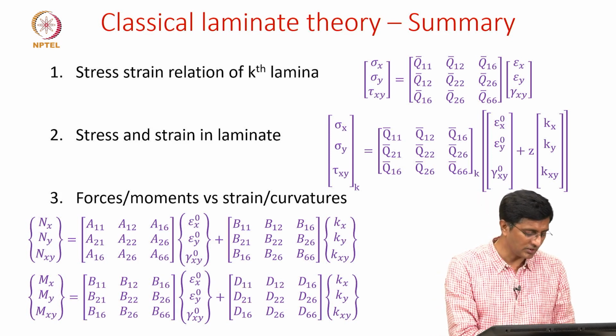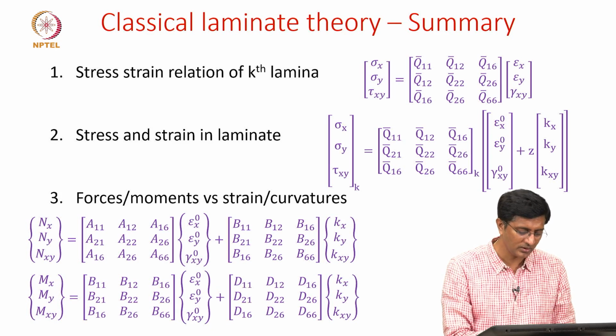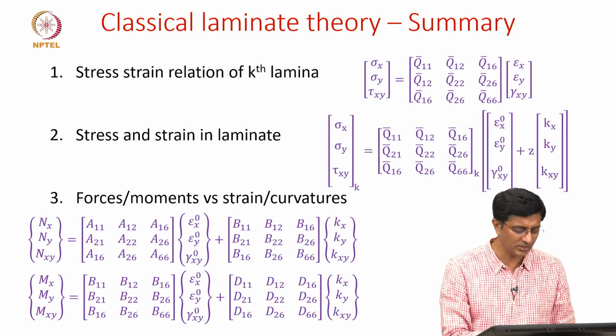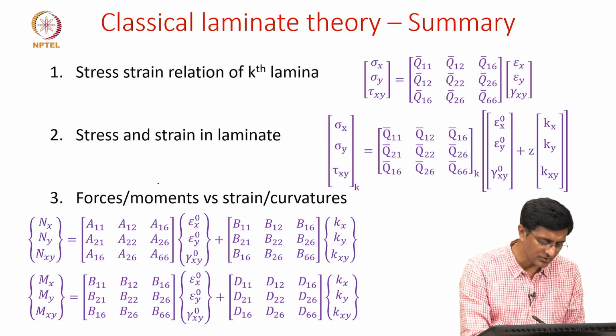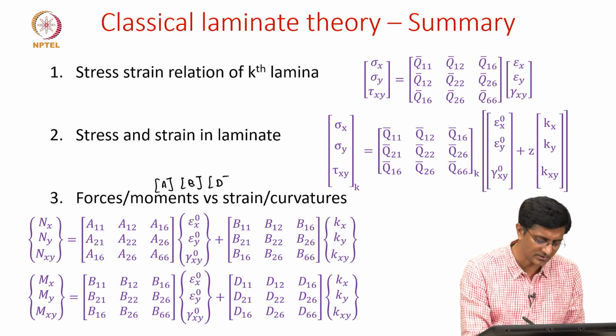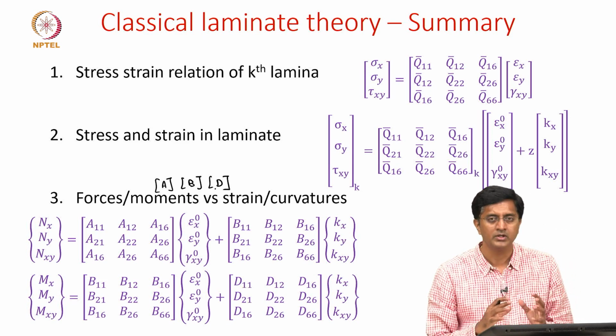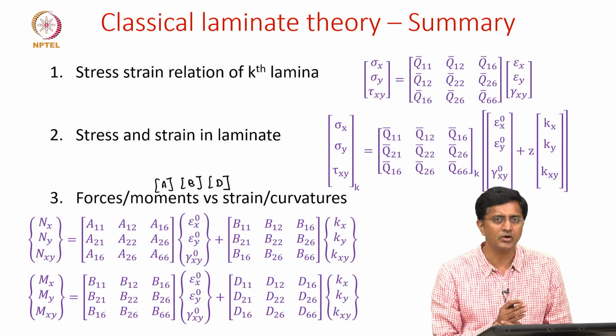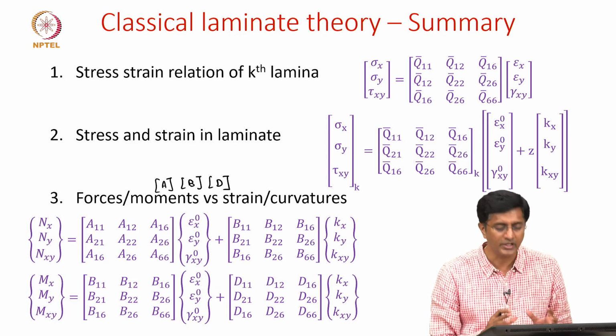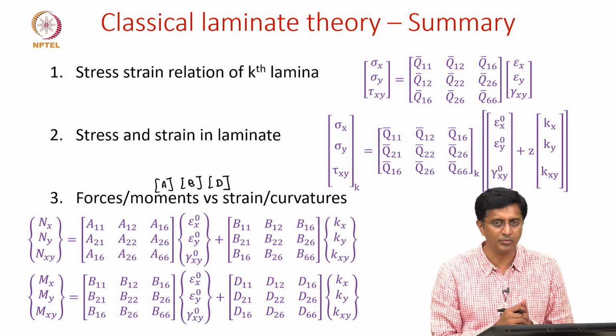And lastly, we showed the relation between the force and moment written in terms of the strain and curvature. For this, we showed it can be written in three matrices, which are now called the ABD matrices. So in this video, we have shown you the derivations of how we get to these ABD matrices.